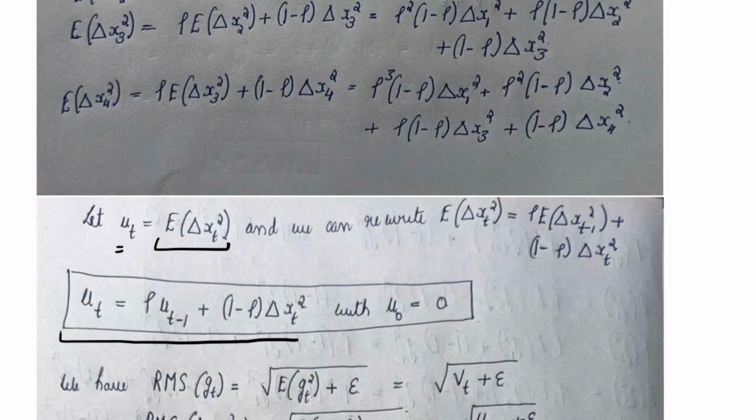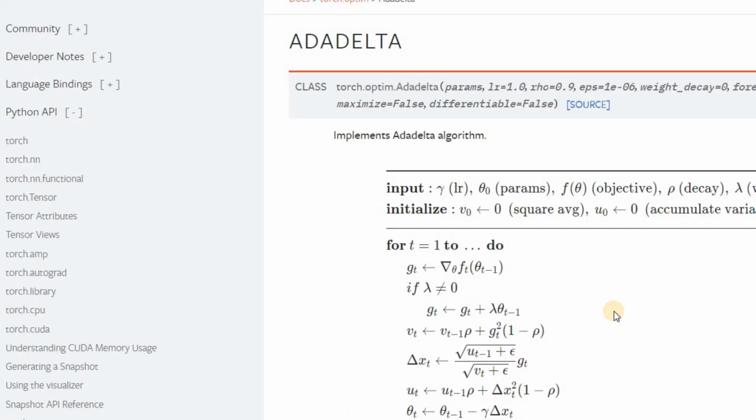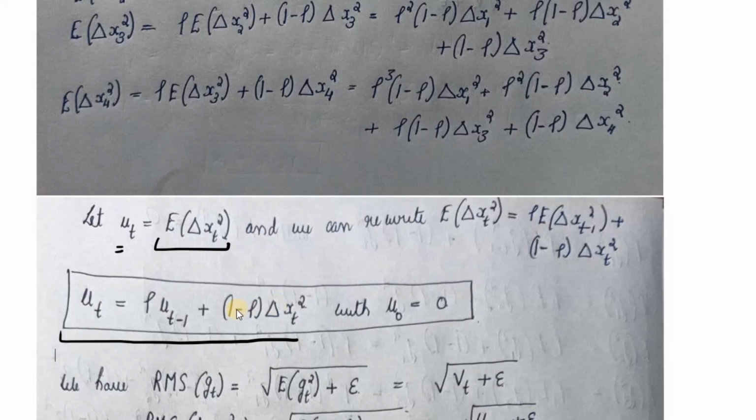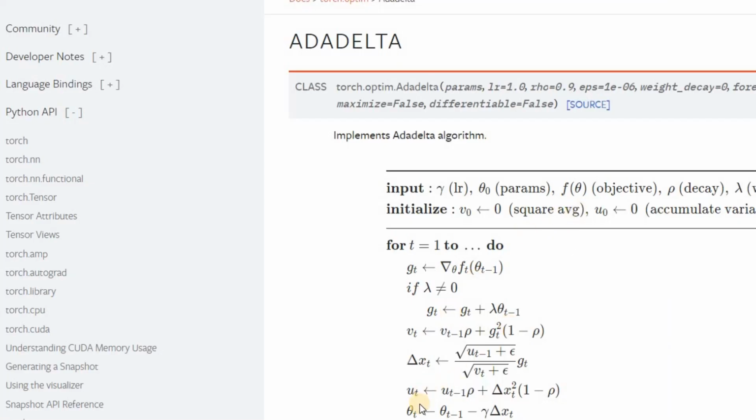Now if we look back at the algorithmic implementation, this step ut is equal to ut minus 1 rho plus del xt square 1 minus rho, the second last step, this is what we have attained. So in the paper it is written in expected value of delta xt form, but in the Pytorch implementation the same expected value of delta xt is replaced with ut, while the expected value of gt is replaced with vt.